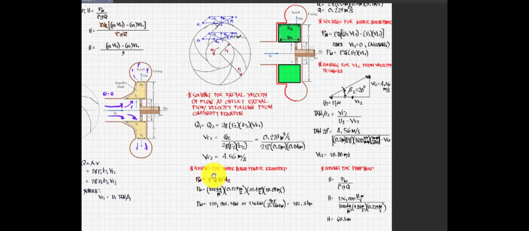Since given ang density, volume flow rate, the tangential velocity of the vane is already solved. Then we have the tangential velocity of the fluid flow. So finally, we were able to have the value of 136 kilowatt. Now for solving for the head, H is equal to water horsepower divided by density, gravity, and volume flow rate. So substituting the value, then we have the value of 60.5 meters of head.